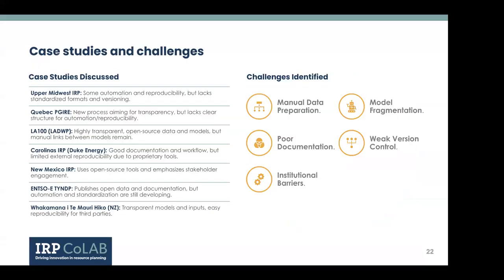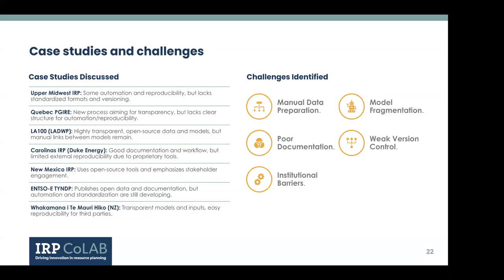So the way we approach this problem is, first of all, to look at a number of case studies of IRPs or IRP-like processes, not just in the US, but also in other parts of the world, to see how automation and reproducibility are currently tackled there, what good practices there are that may be transferable to other places, but also which challenges these processes see that are common to all of them.